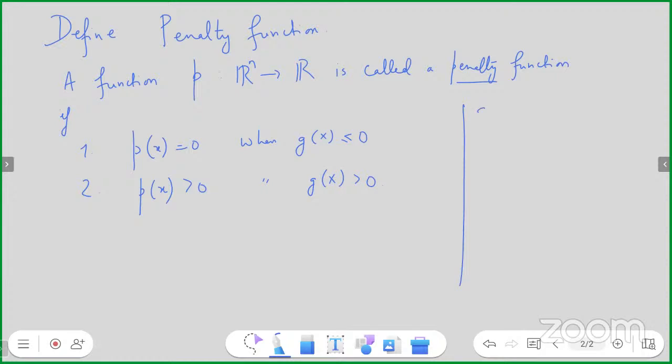So example, p of x is equal to max of 0 comma g of x. That's what you want. Does it work? It works. There are many other things. Typically, what people end up using is a square on that. But any power p is okay. Any other example which comes to mind? This is not unique.